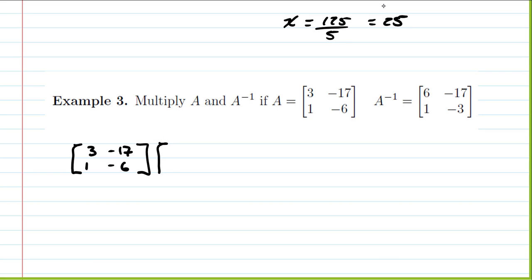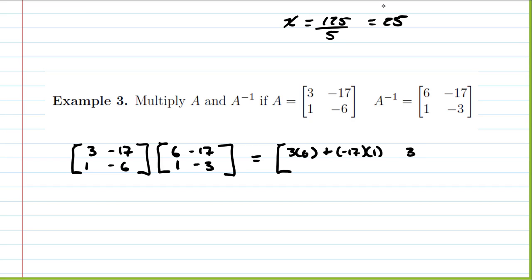And A inverse is 6, -17, 1, and -3. All right, so let's do our multiplication. So we go across the row and down the column. So we have 3 times 6 plus -17 times 1. Across the row down our second column, we have 3 times -17 plus -17 times -3.